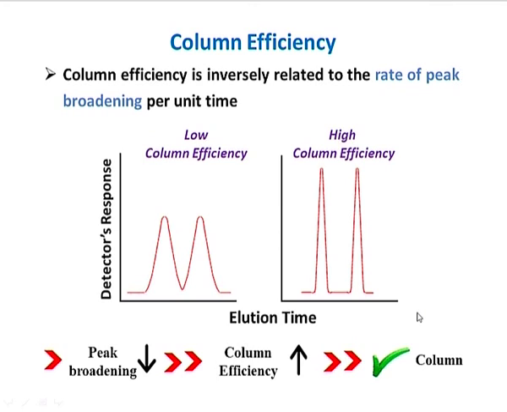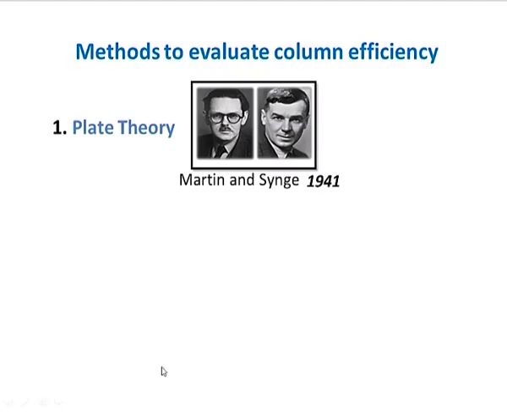That is one thing. This concept of column efficiency can be dwelled upon using a couple of theories. First being plate theory, a very prominent theory proposed by Martin and Synge in 1941, for which they received a Nobel Prize later.